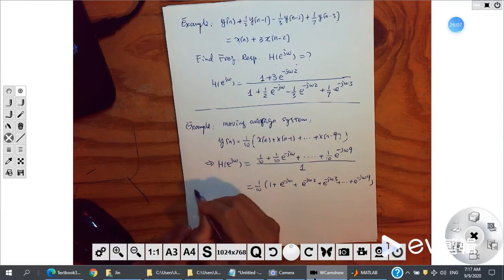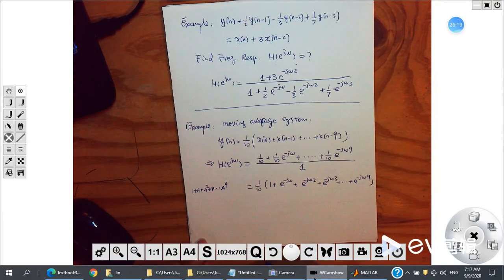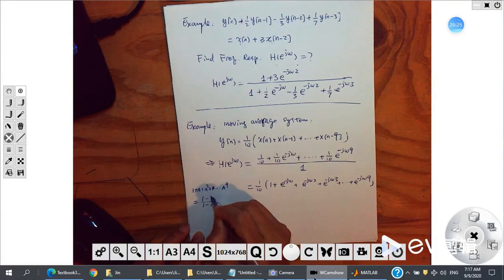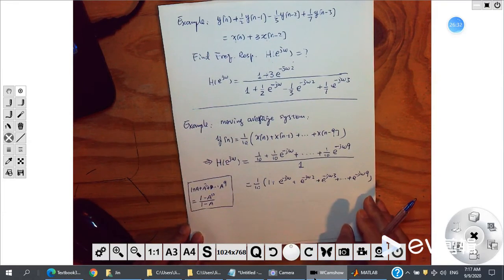So we have 1 plus a plus a squared plus dot dot dot until a to the 9th. What is this? Now we have a formula. Do you remember that? It is 1 minus a in the denominator, and the numerator is 1 minus a to the 10th. This is a formula.